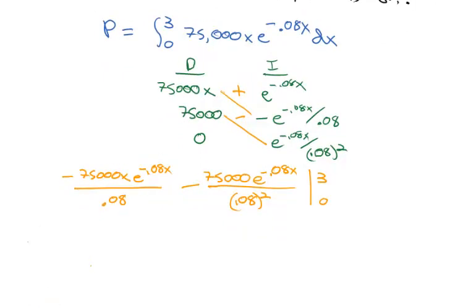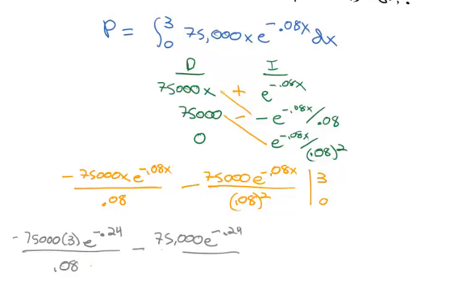When we plug 3 in, we get negative 75,000 times 3 e to the negative 0.08 times 3, which is 0.24, over 0.08, minus 75,000 e to the negative 0.24 again, all over 0.08 squared.